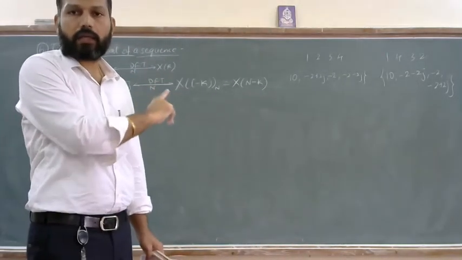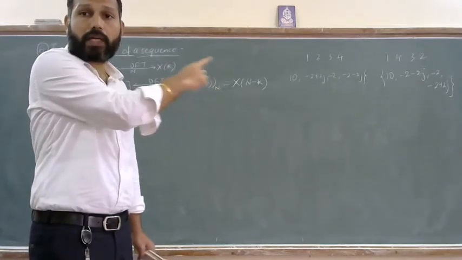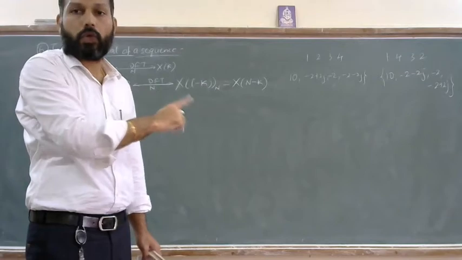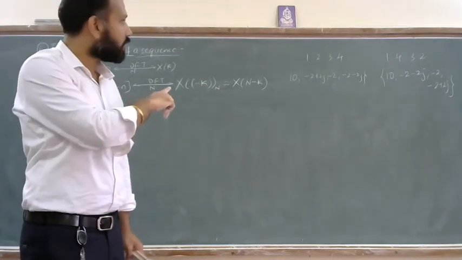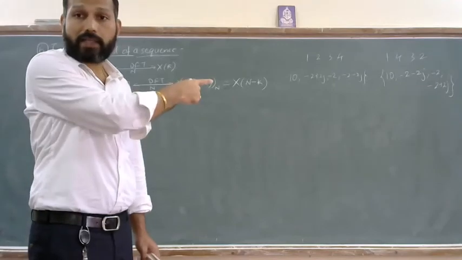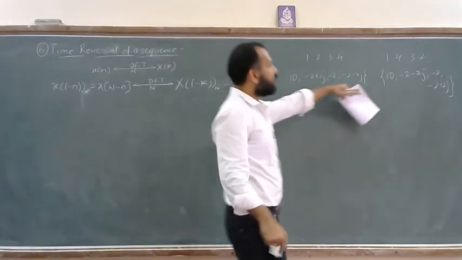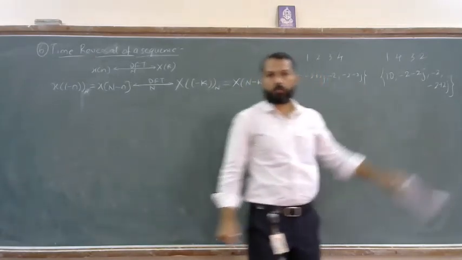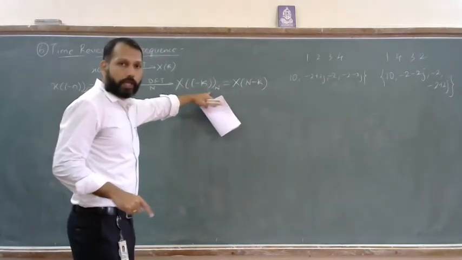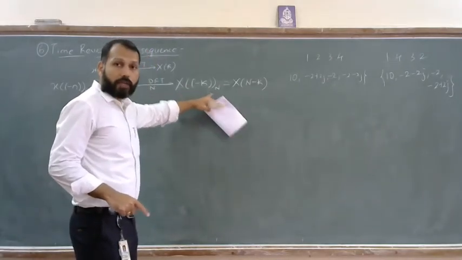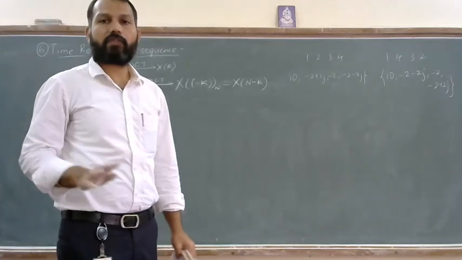Observe them: 10, minus 2, minus 2, minus 2, and in the second sequence also it is 10, minus 2, minus 2, minus 2. Only the imaginary part is reversed. In the first sequence it is plus 2, but in the second sequence it is minus 2. And likewise, in the last sample, here it is minus 2 and here it is plus 2. So time reversal, circular folding of the DFT, will just invert the sign of the imaginary part. The real part will not be affected.